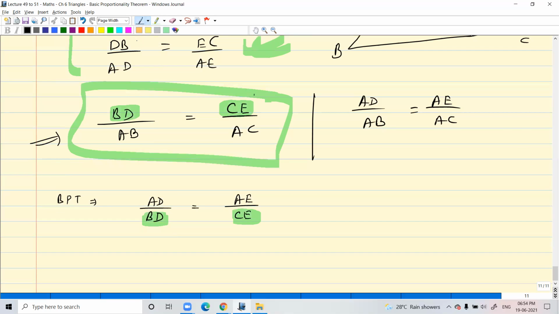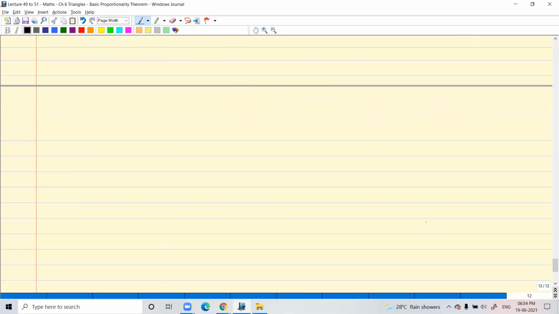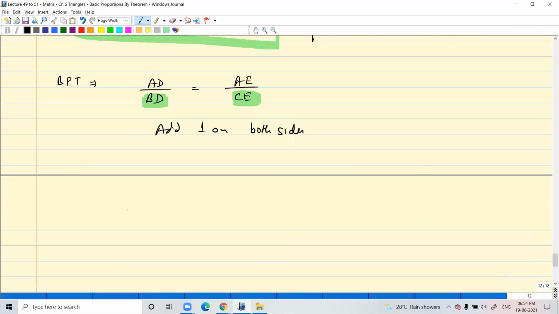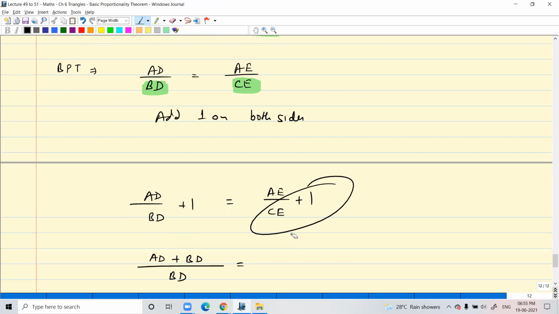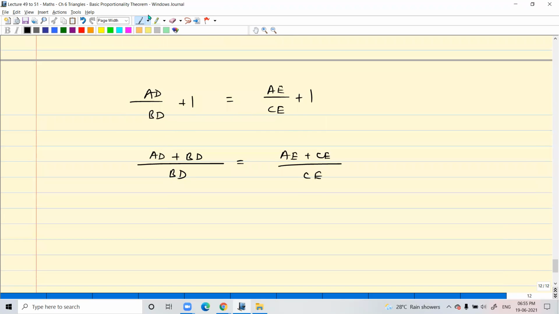So this one is very straightforward. You just add 1 on both sides. Once we add 1 on both sides, we can write it as AD by BD plus 1 is equal to AE by CE plus 1, and then do the same operation, fraction addition. So this will become AD plus BD by BD, and this side AE plus CE by CE.